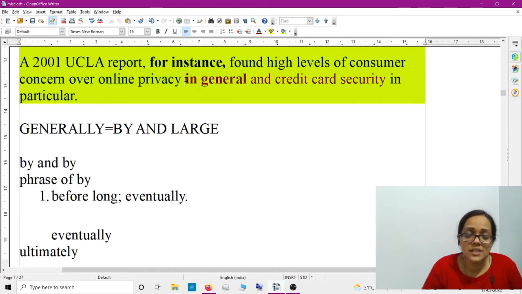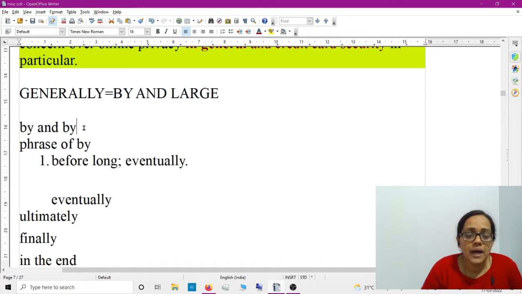In general is a common vocabulary. So for generally, we can even use by and large.